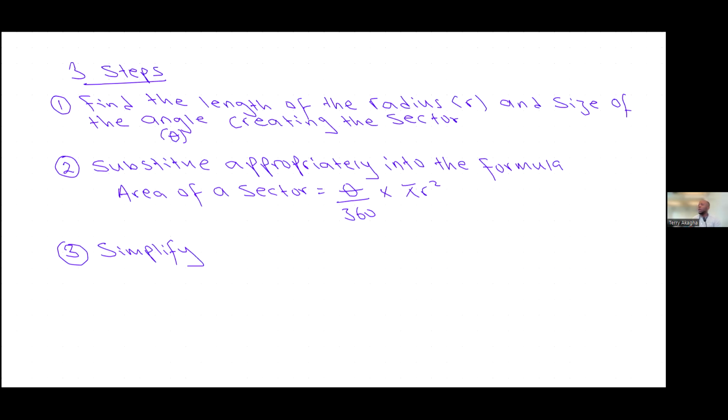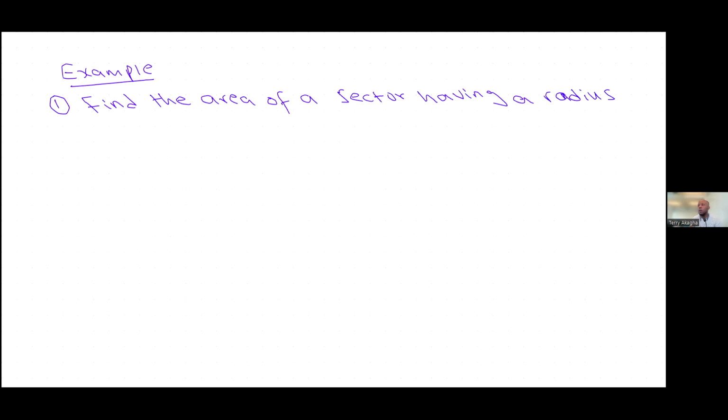The first one, for example, number one, we're told to find the area of a sector having a radius r equal to 20 centimeters and an angle of 100 degrees. Find that.